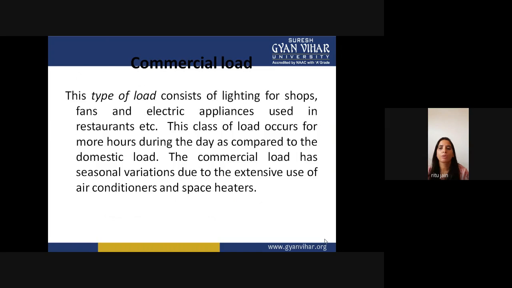This load is mostly used in restaurants and companies, for example, institutions where working hours are from 9 to 5. They use fans, ACs, and other load in the daytime. So this type of load comes into the category of commercial load.